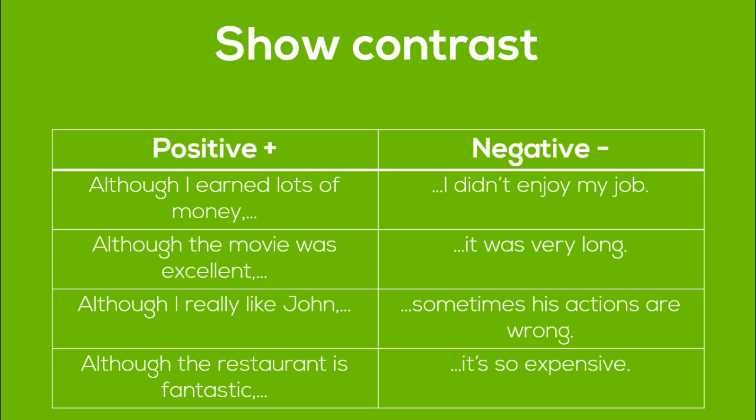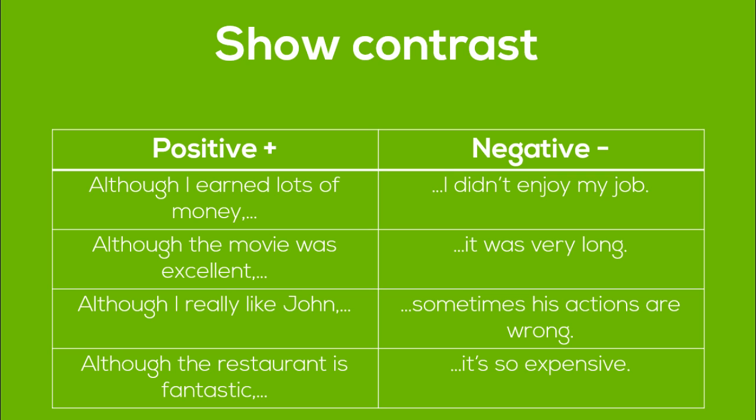So let's look at the first one. Although I earned lots of money, this is a great thing, right? It's a positive. The negative is I didn't enjoy my job. So you can see we've used although at the beginning of the sentence with the positive part. Let's look at the second example in this table.